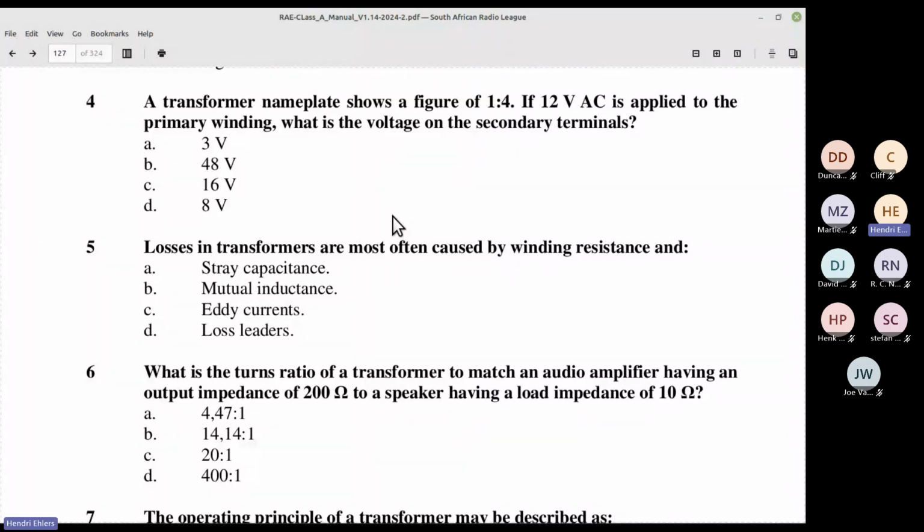Transformer's nameplate shows a figure of 1 to 4. If 12-volt AC is applied to the primary winding, what voltage would be on the secondary winding? 48. That is correct, yes.